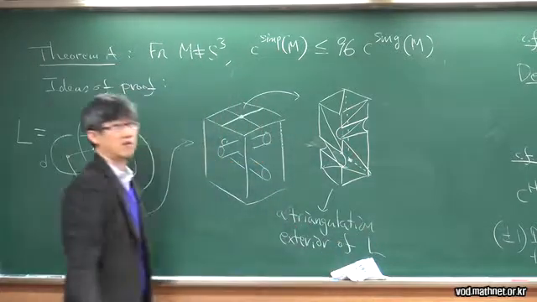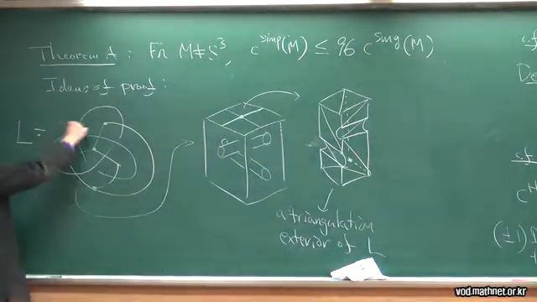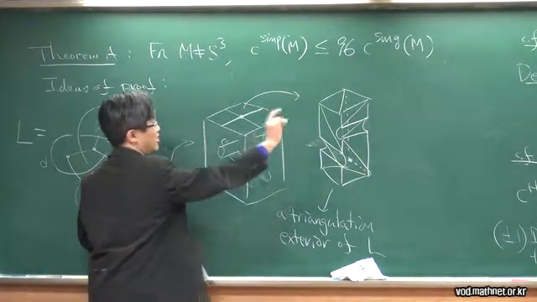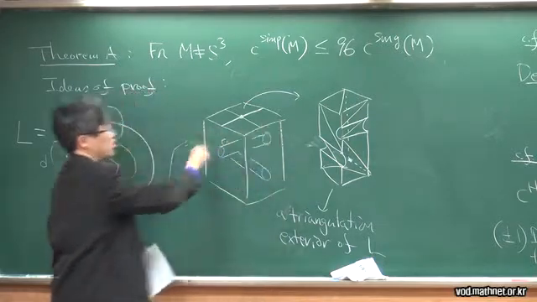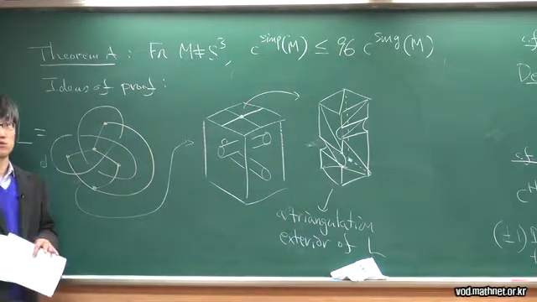But I want to get a surgery manifold. If the framing is the blackboard framing, then it's not difficult to fill in these empty tubes with a nicely triangulated solid torus.